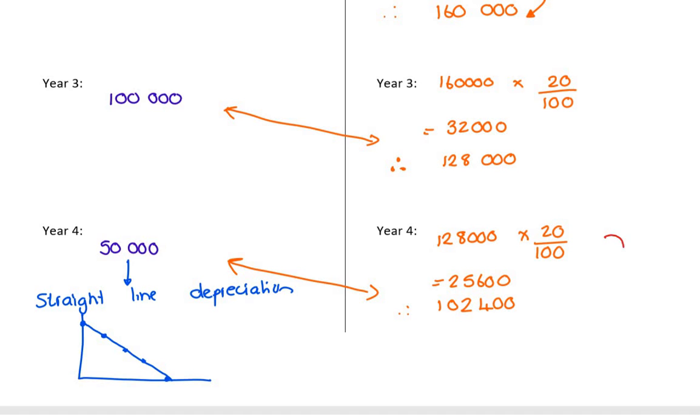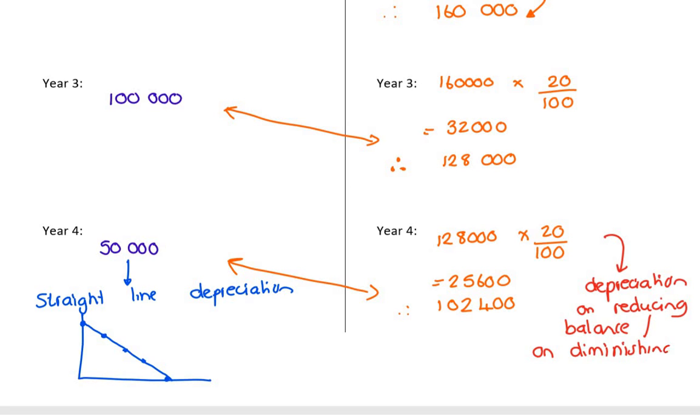Whereas the second case is called depreciation on reducing balance, as in on the reduced amount every time. So you either say depreciation on reducing balance, or sometimes they say on diminishing balance. So another word for reducing is diminishing balance.